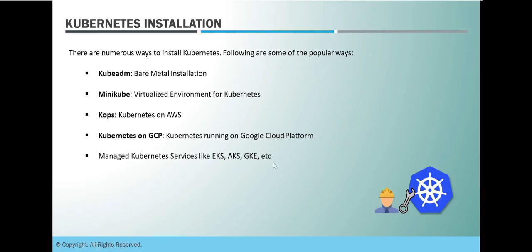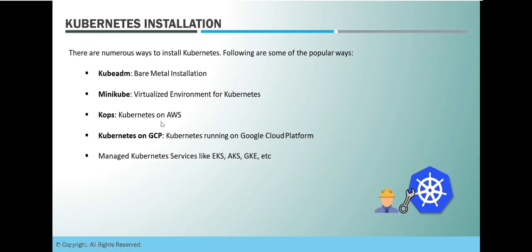Then comes managed Kubernetes services, where you do not need to install Kubernetes. They are already available as managed services in public clouds or from various other Kubernetes service solution providers. You just need to create your cluster and start using it. So Kubernetes is also available as a service on cloud platforms. I have given some examples here.